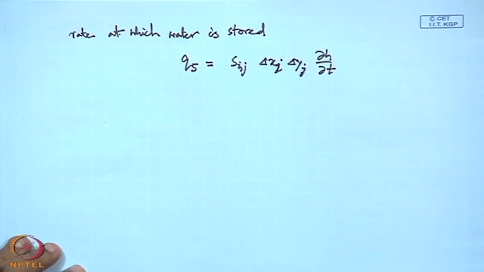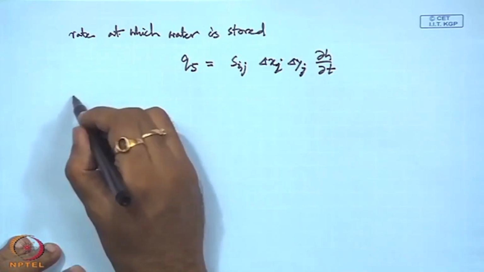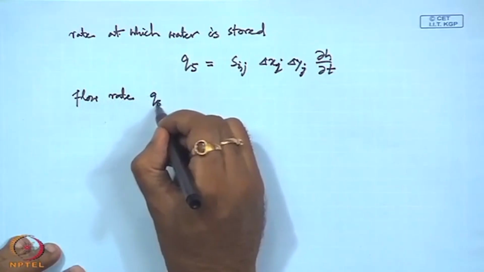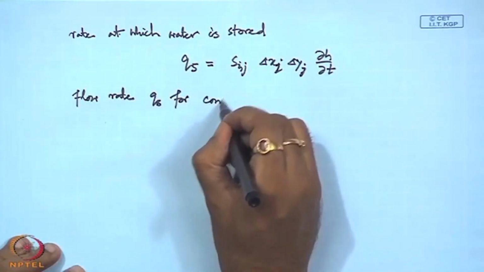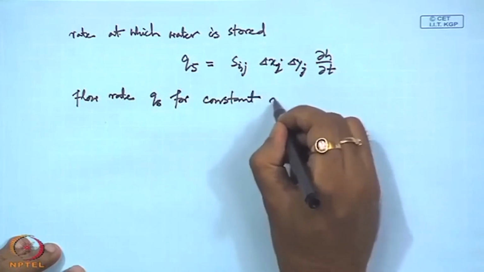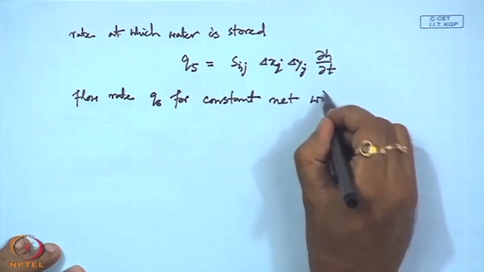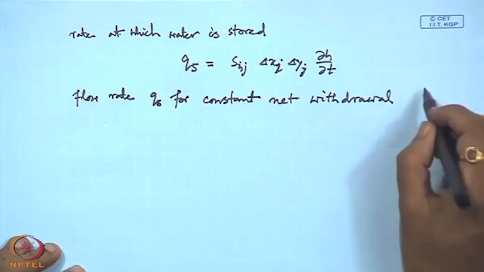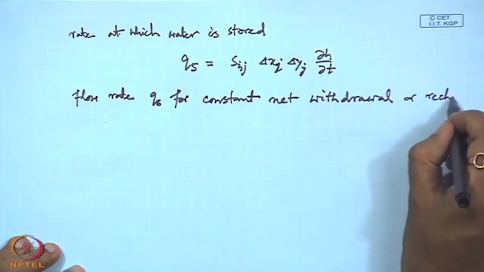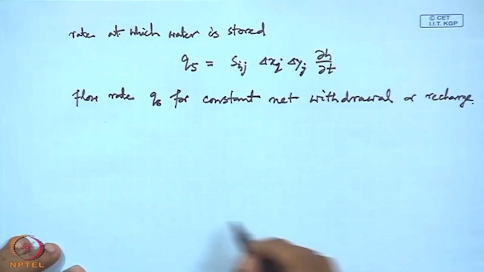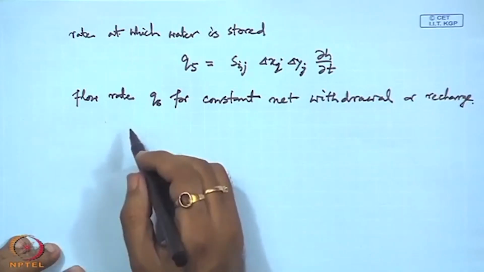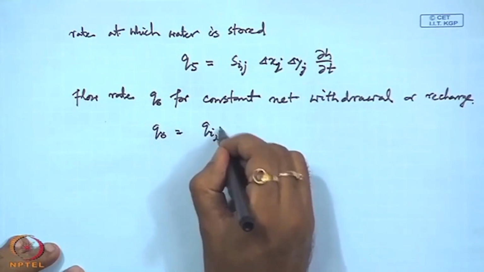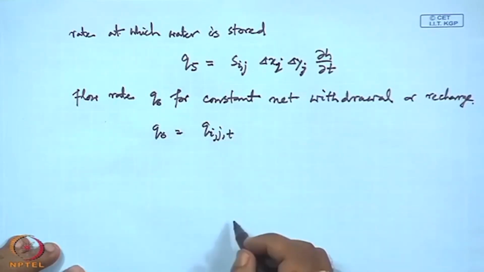In addition to that, flow rate Q 6 is for constant net withdrawal or recharge. So, Q 6 is basically Q i j, and this is varying with t.